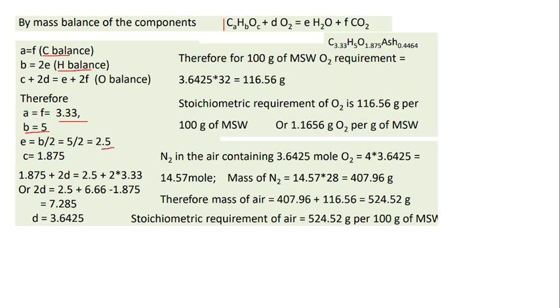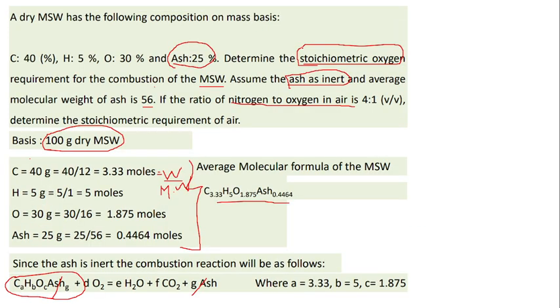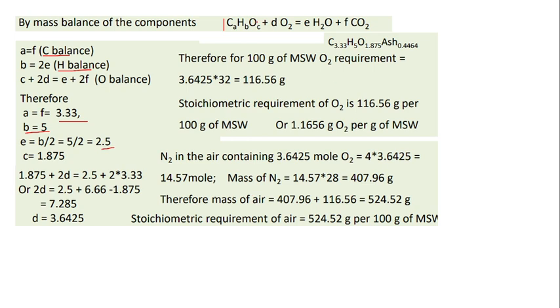Then you go to the C. Oxygen formed, the C value is 1.875. So here 1 into C is C, the oxygen balance. 1 into C is C, and then you have oxygen here also: 2 into D is 2D is equal to 1 into E is E plus 2 into F is 2F. Okay, this is the oxygen balance.